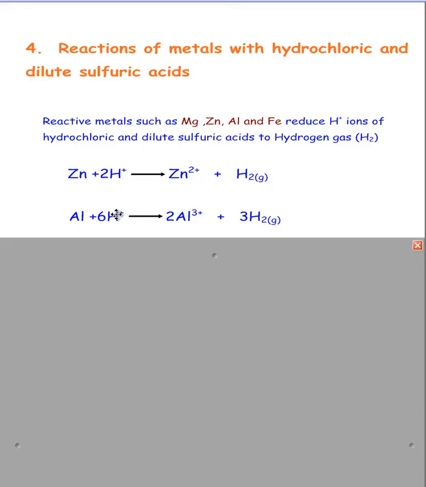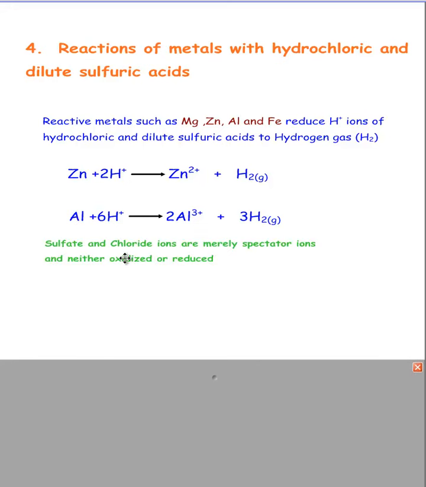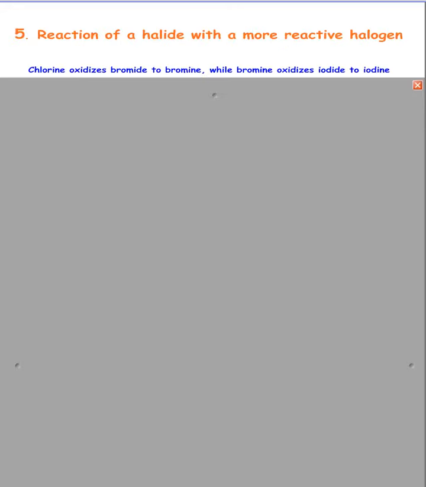The same with the H+ from the acid: it collects the electrons that the aluminium releases, and it will become hydrogen gas. Sulfate and chloride ions don't have any reduction or oxidation capability, so these are spectator ions.